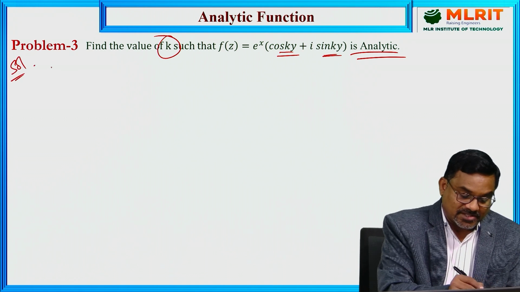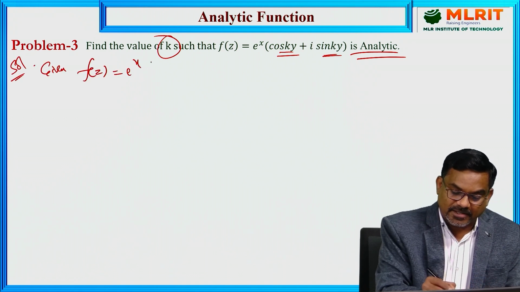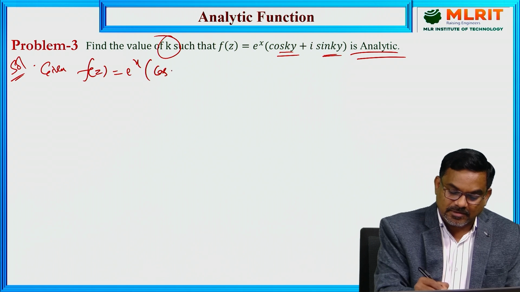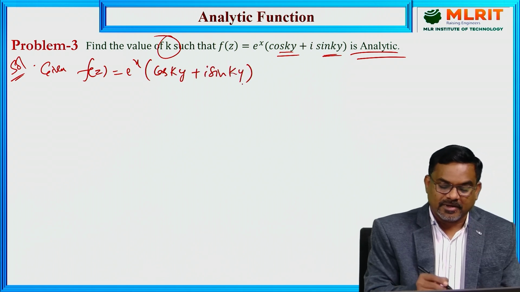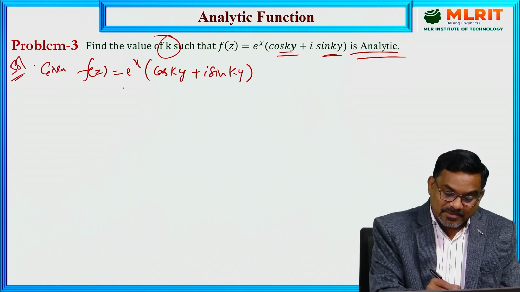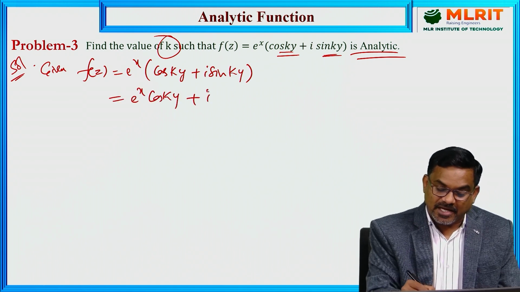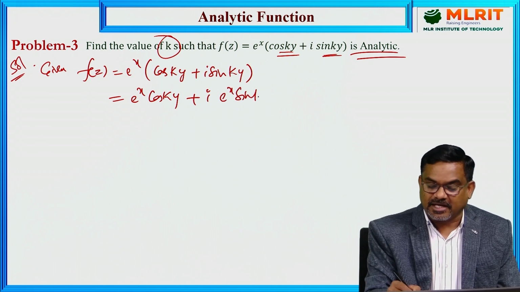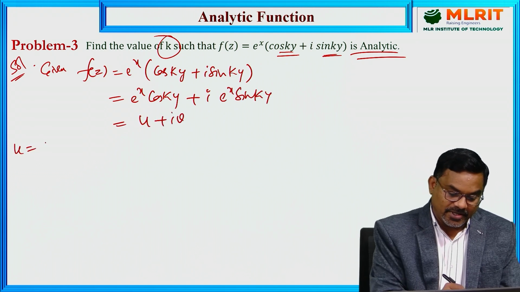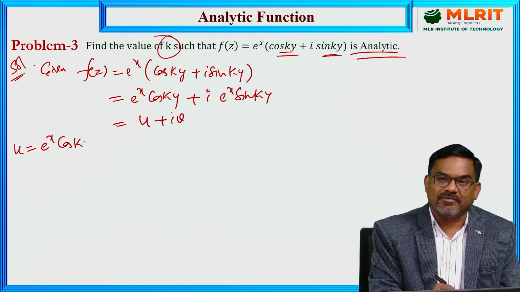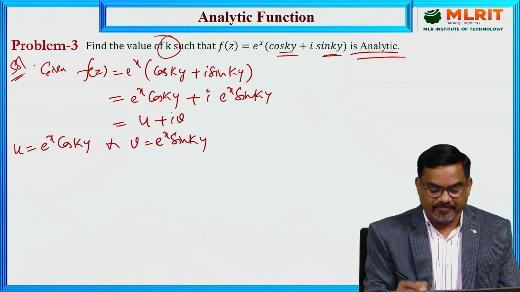So first, given f of z is e power x cos ky plus i sin ky, and let us simplify this first. E power x into cos ky plus i into e power x into sin ky, which is in the form of u plus iv, where u is e power x cos ky and v is e power x sin ky.